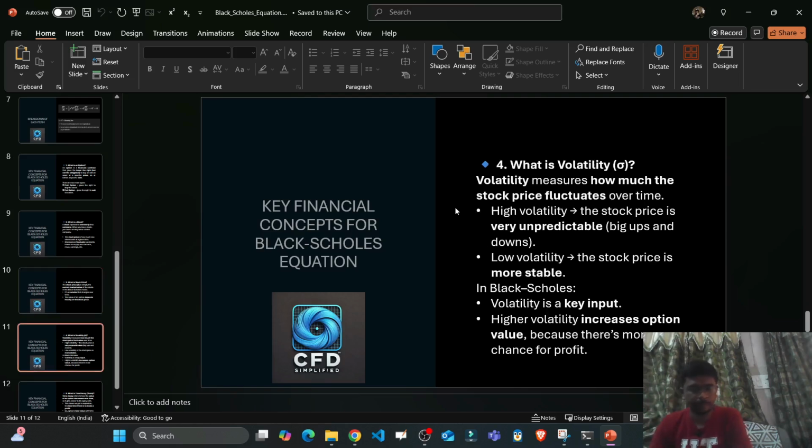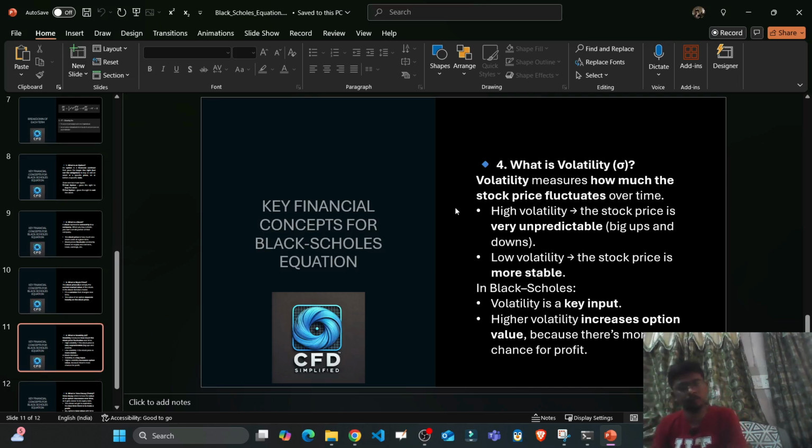Now, what is volatility? Volatility measures how much the stock price fluctuates over time, which I explained previously when I was explaining the terms. High volatility means the stock price is very unpredictable. Sometimes it is going up, sometimes it is decreasing, with drastic changes in the curve.